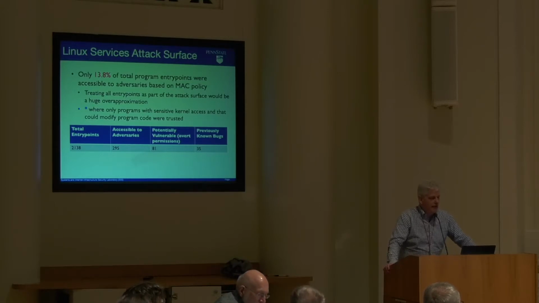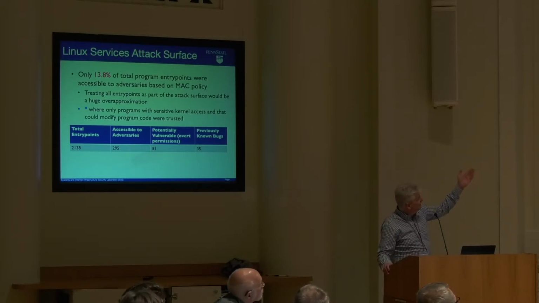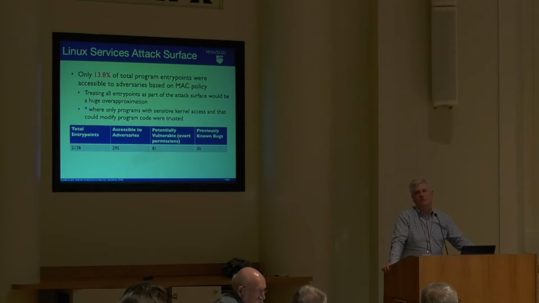And it turned out that only about 13% of the individual library calls, the individual places in the program where it retrieves a resource, referred to resources that could be adversary modified.